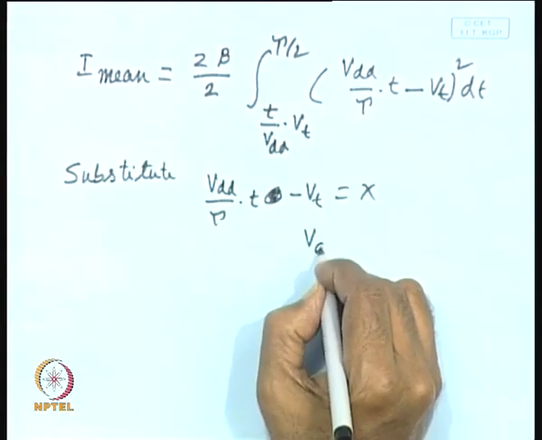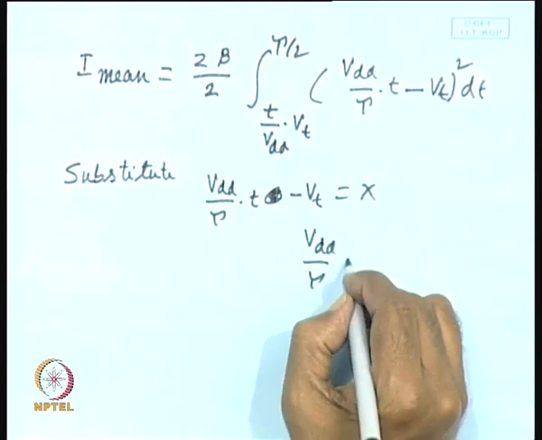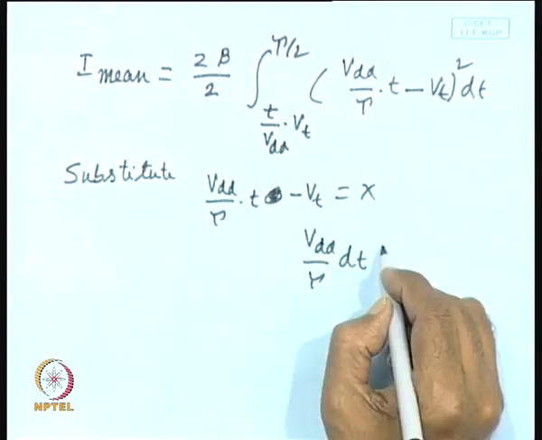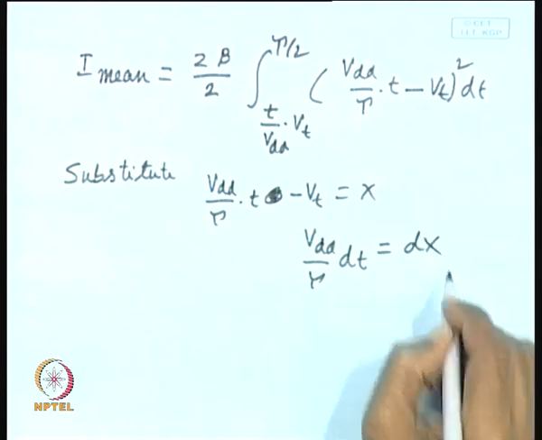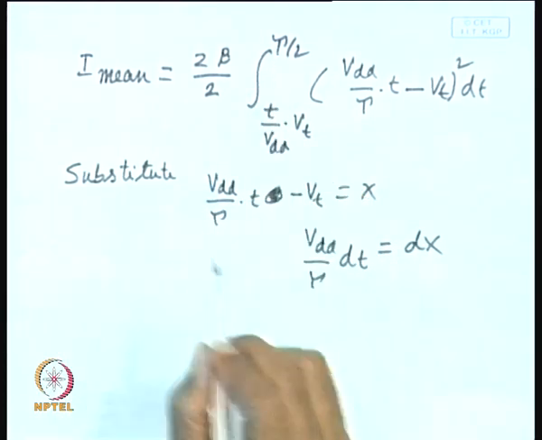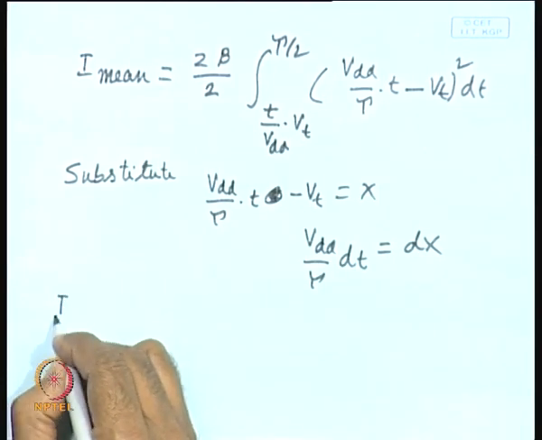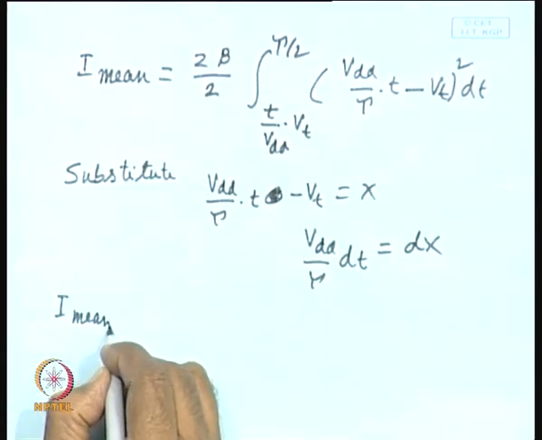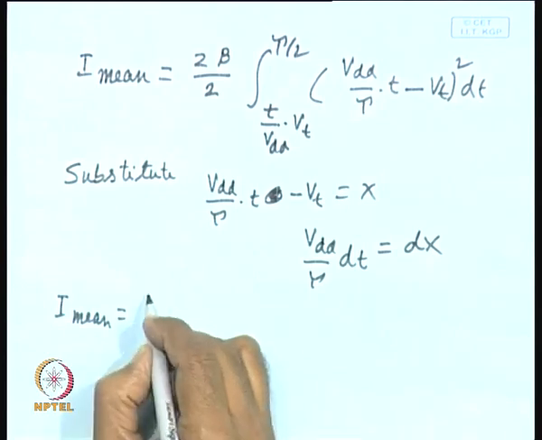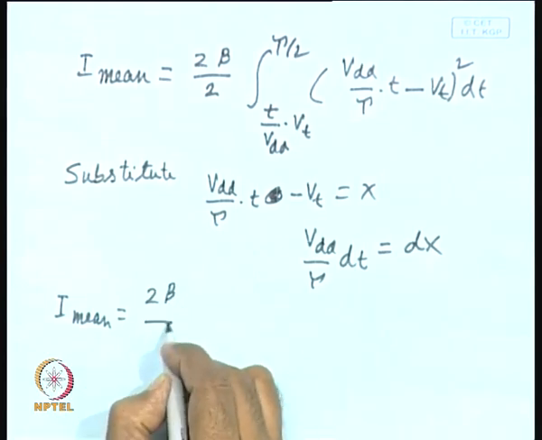Then VDD by tau into dt, if we differentiate, that will be equal to dx. So, if we substitute this here, what shall we get? By substituting this, it will become I min is equal to 2 beta by t.